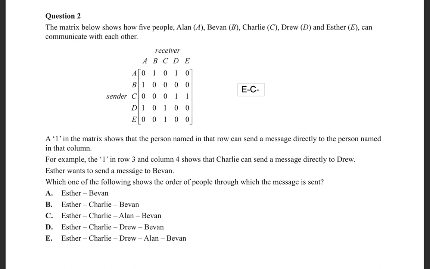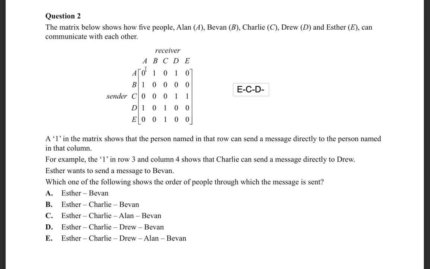Now E has sent the message to C, so C has the message. Who can C send it to? C can send the message to D or E. There's no point sending it back to E because then we're back where we started, so we send the message to D. Now D has the message.